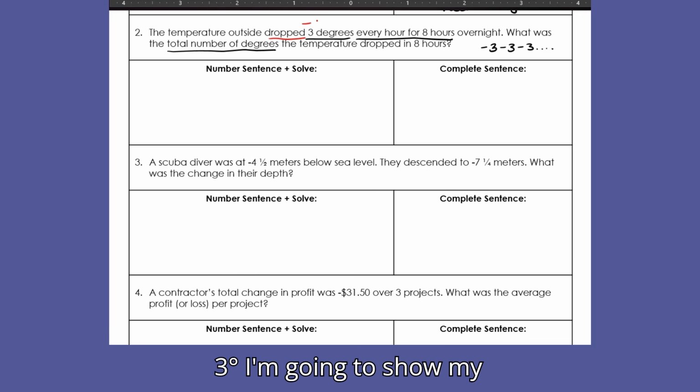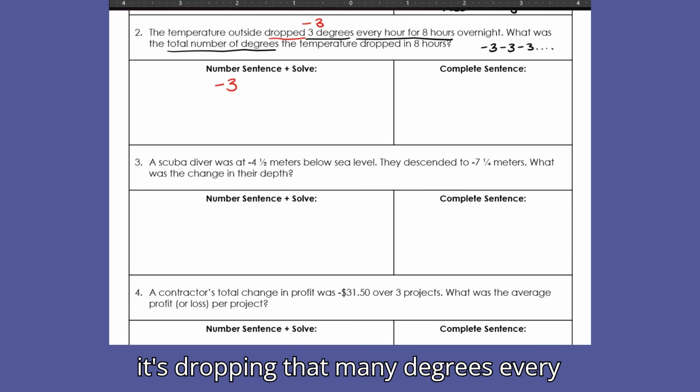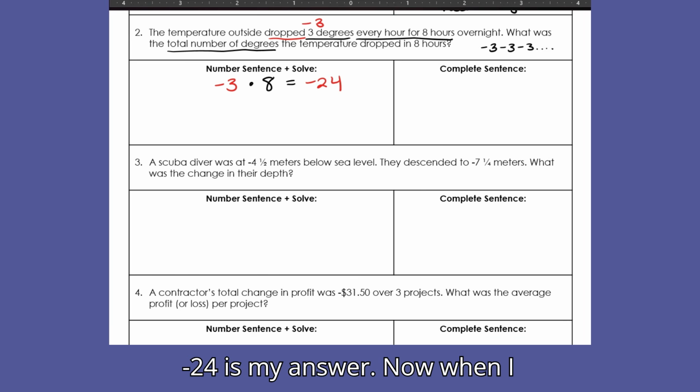So if I want to show this, dropping 3 degrees, I'm going to show my first number as a negative 3 to show that it's dropping 3 degrees, and then it's dropping that many degrees every hour for 8 hours. I'm going to multiply it by 8. So negative 3 times positive 8 would give me negative 24 as my answer.